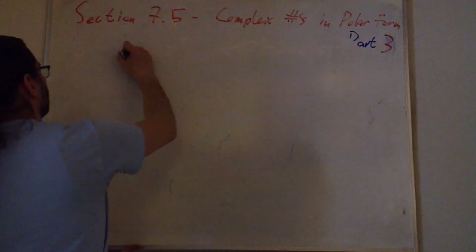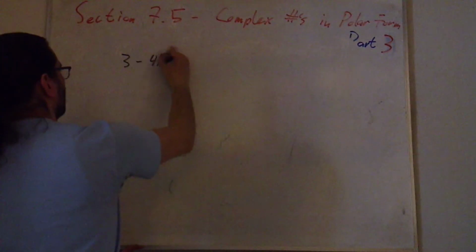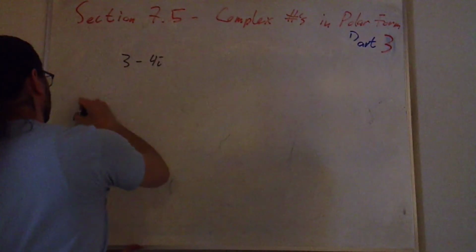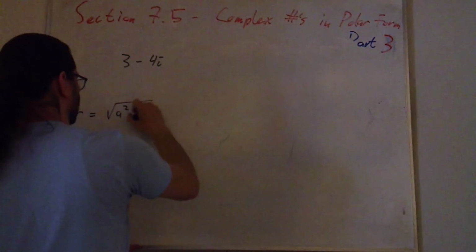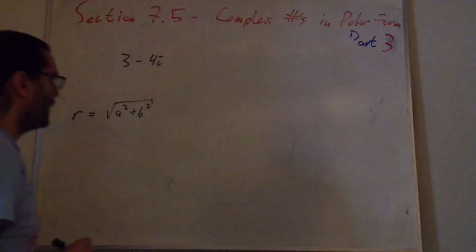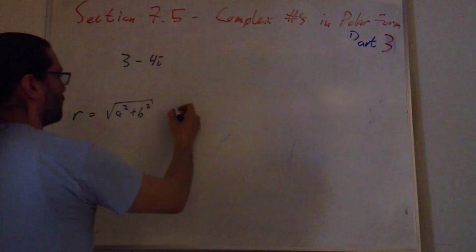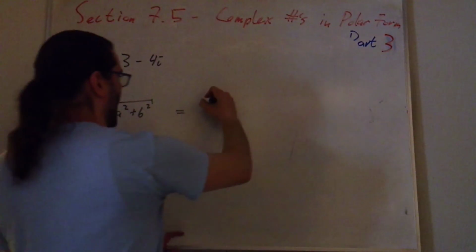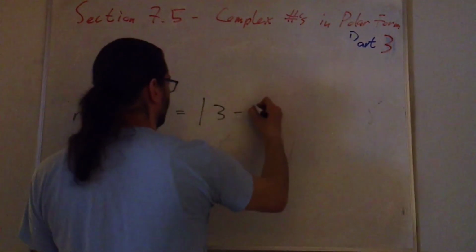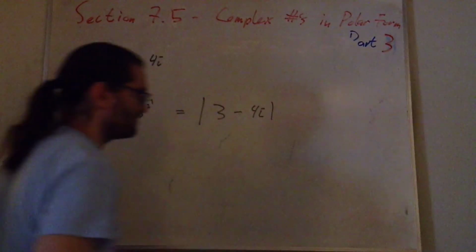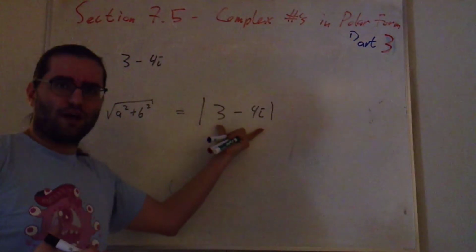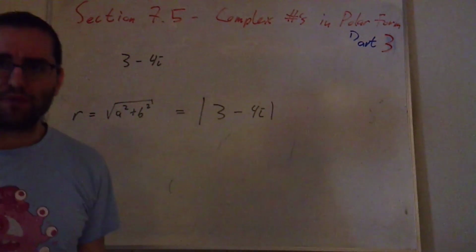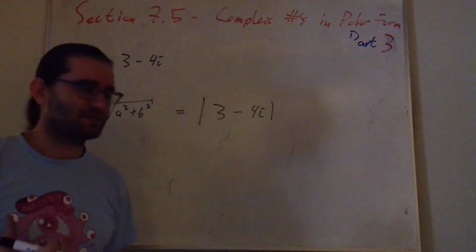When you start with an angle like this and you find what I've been calling r, square root of a squared plus b squared, I should warn you that this is considered the absolute value of 3 minus 4i, which may seem like a weird word to use. Like, what does absolute value mean on a complex number?